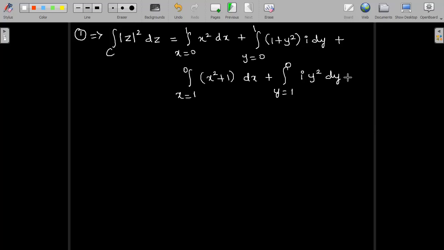We need to evaluate this integral. It's all simple integration to solve and apply the limits. So we'll just do that in the next step.